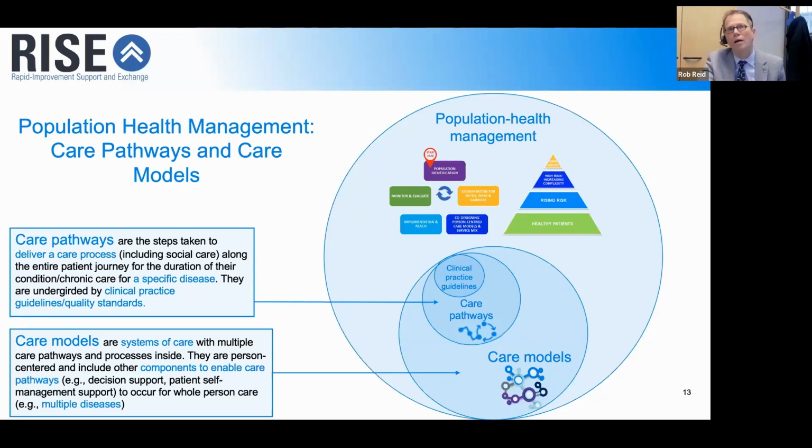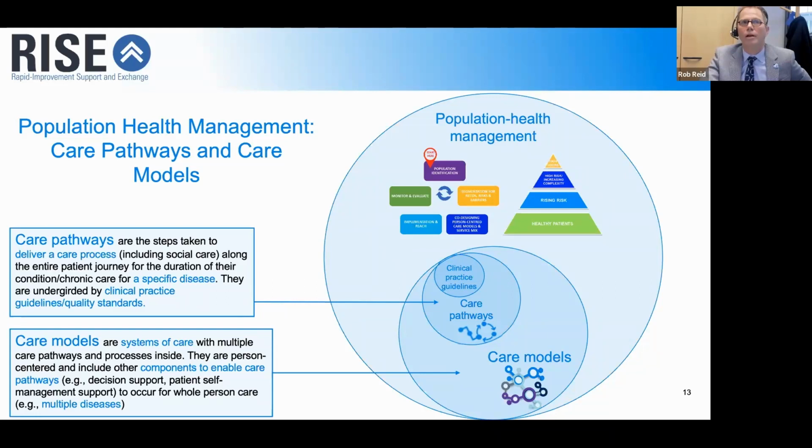And within the care models, we have embedded care pathways. And I just wanted to anchor on this term a bit because we're going to hear this over and over again about care pathways. Care pathways are an absolutely essential part of care models, okay? They are really the steps taken to deliver a care process that includes social care as well, along the entire patient journey for the duration of their condition.